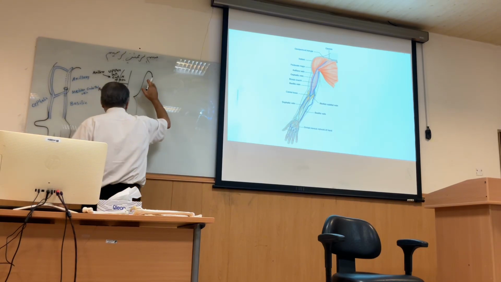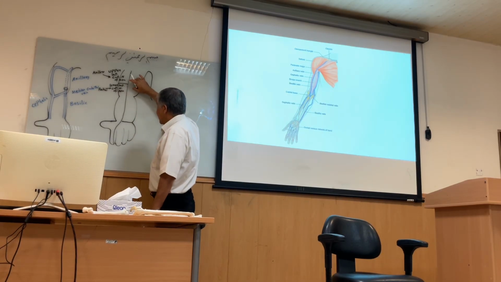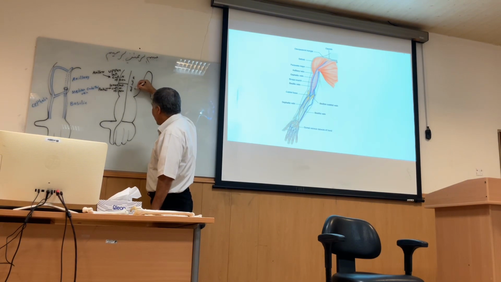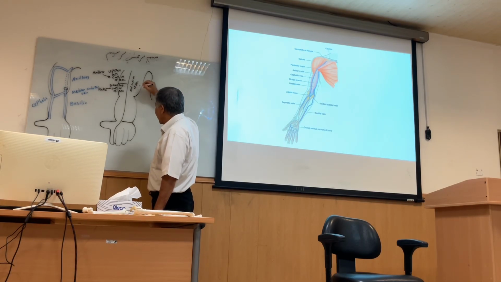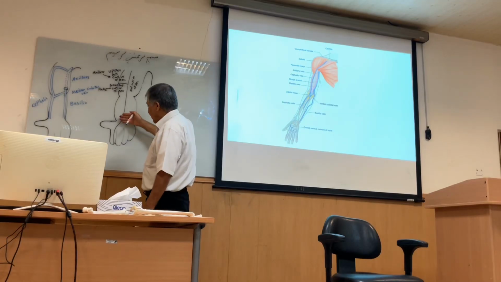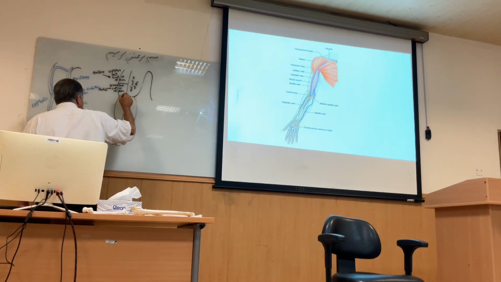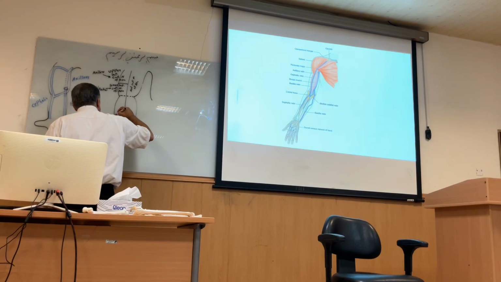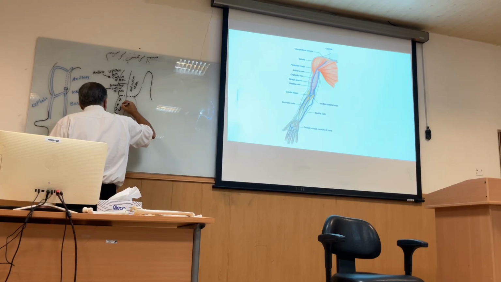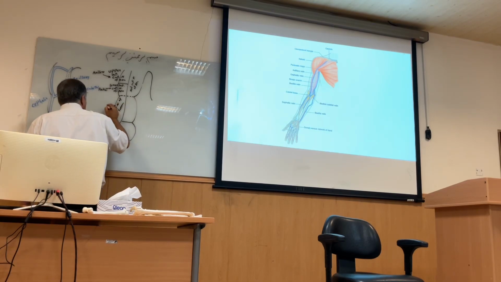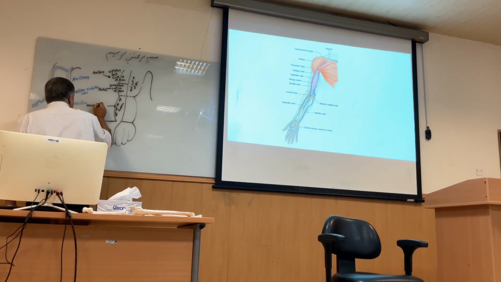Medial side of forearm is innervated by medial cutaneous nerve of arm. Lateral side of the forearm is innervated by lateral cutaneous nerve of forearm, which is a branch of the musculocutaneous nerve.